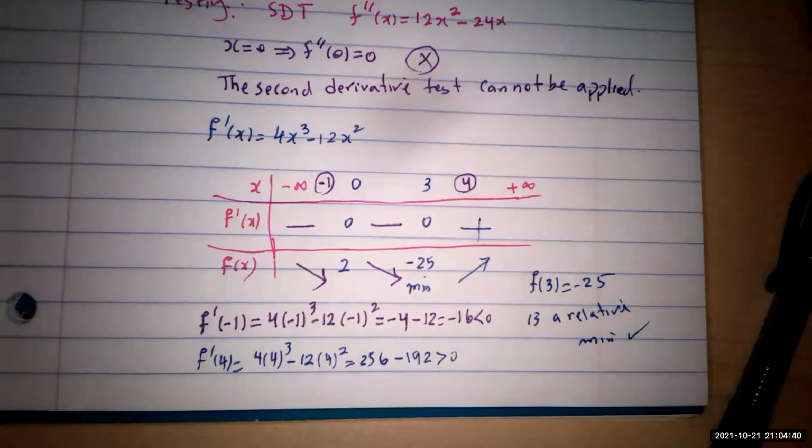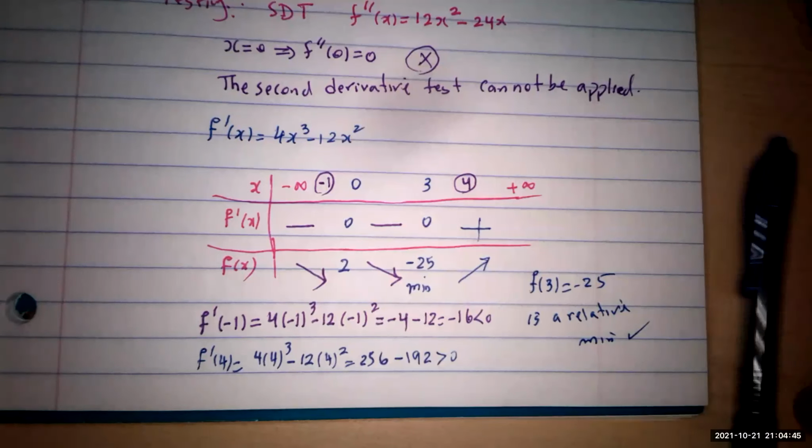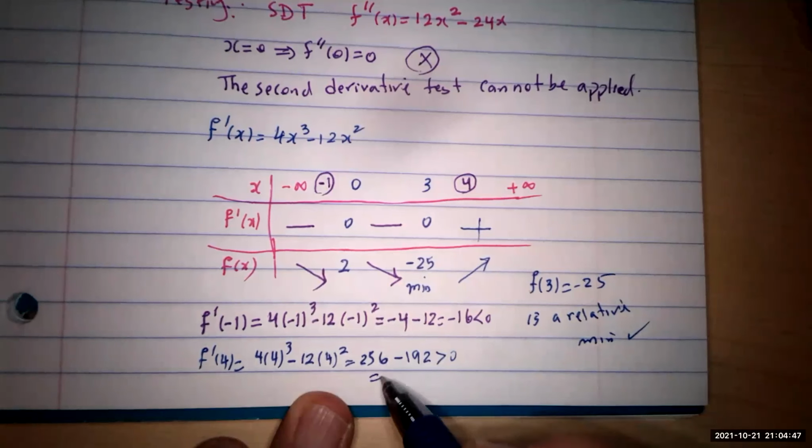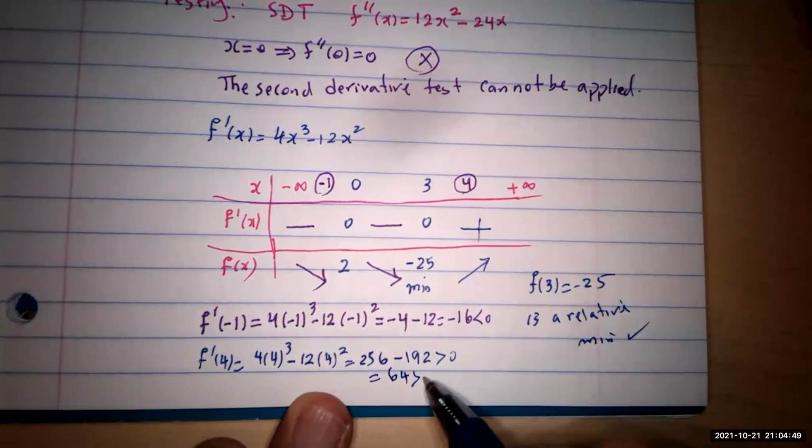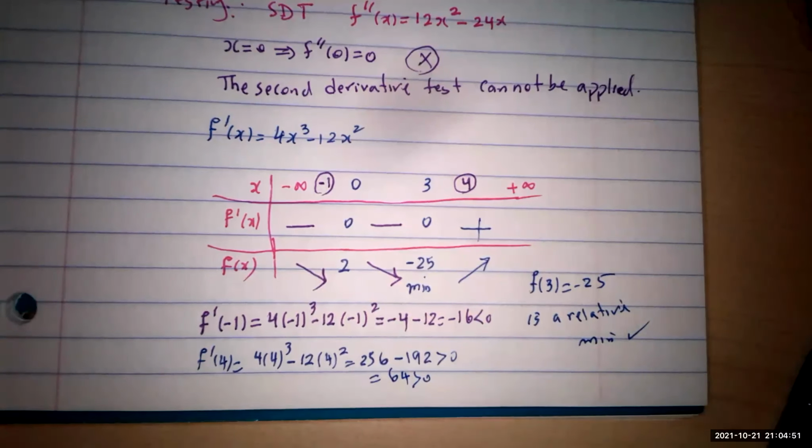You don't need the result, you just need to know it's positive. You can write it down. How much is it? 64? Yes, 64, and it's positive. Don't be surprised.